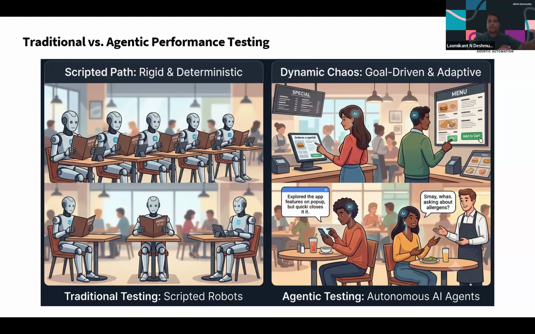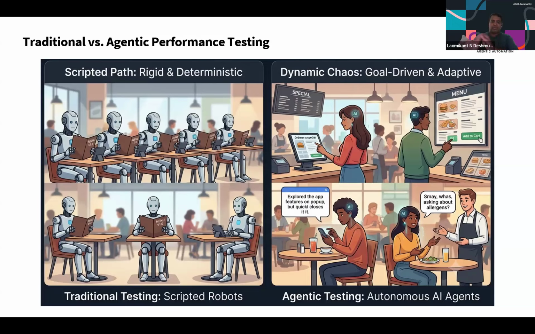If something goes beyond this, the automation will fail. These robots don't know anything beyond the scripted automation, or whatever they have been assigned to do. But in agentic performance testing, the agents are very dynamic. They are goal driven and adaptive.